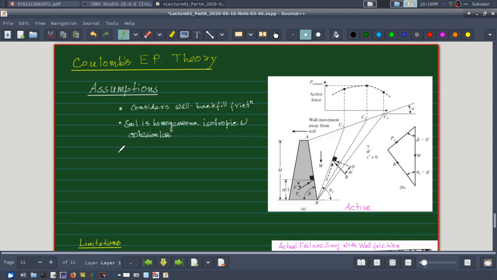And the third important assumption, which is more realistic than Rankine's assumption, is that back of the wall is inclined.